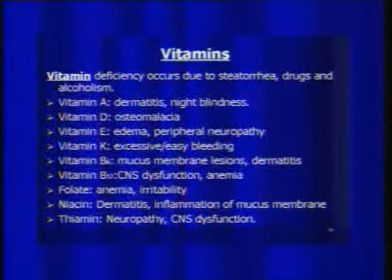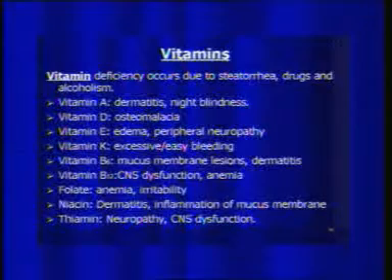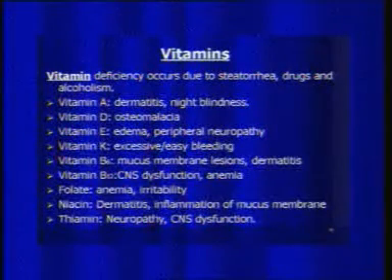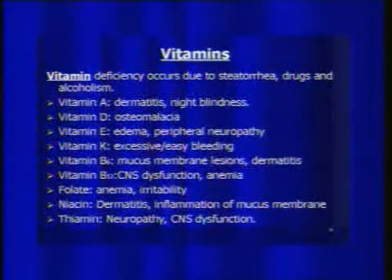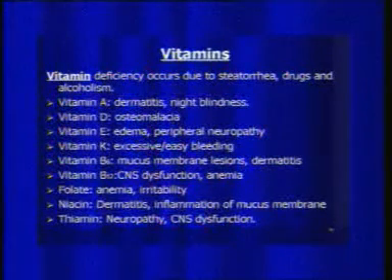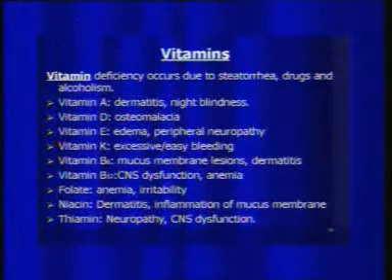They occur because of steatorrhea, that is malabsorption or diarrhea, drugs and alcoholism. And here we can find that if a patient is suffering from dermatitis, night blindness, osteomalacia, edema, peripheral neuropathy, or there is excessive or easy bleeding, as I discussed with you that the person begins to bleed easily in cirrhosis, then it is an indication of deficiency of fat soluble vitamins.